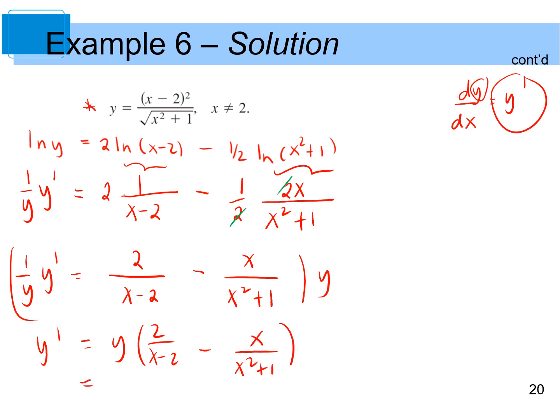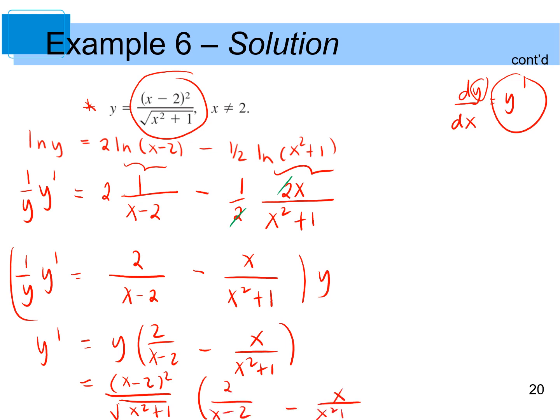And further, we replace y by the given, which is (x − 2)^2 over the square root of x squared plus 1, times (2 over x minus 2 minus x over x squared plus 1). So this is now our final answer. We solved it using logarithmic differentiation. It involved what we call implicit differentiation. This is our past lesson.